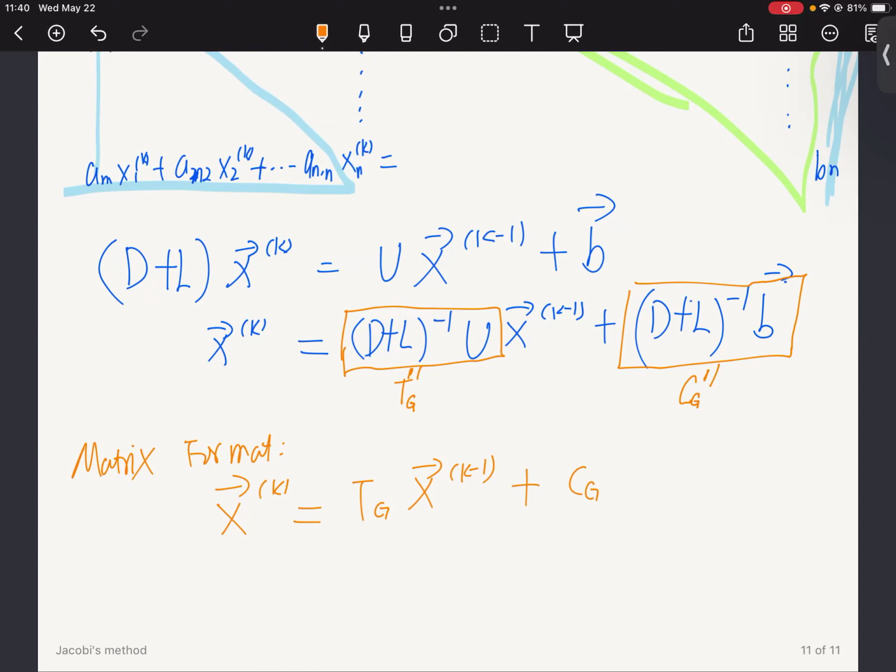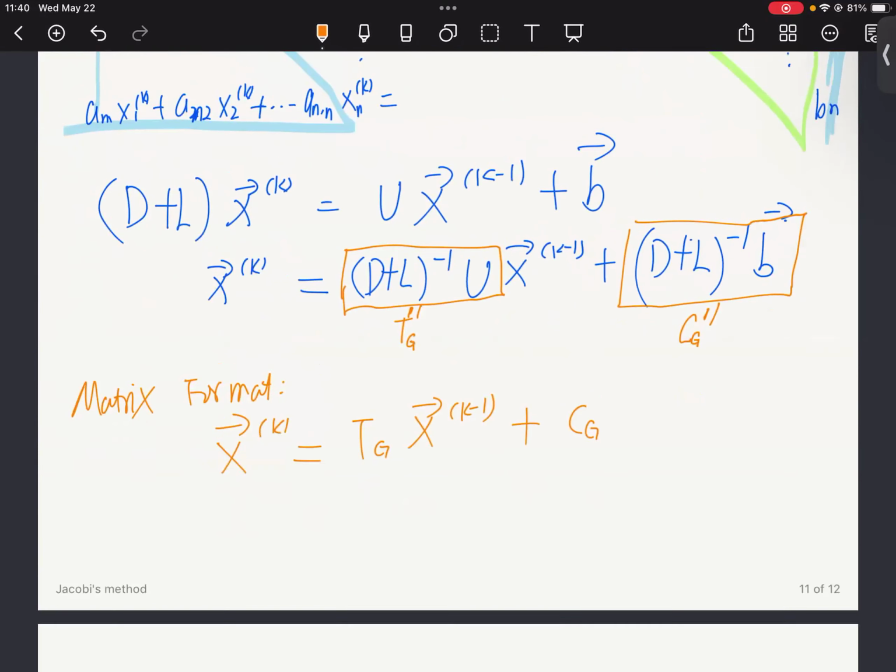Let me see. Should I give you one example of how to calculate this matrix? Let me see. Is it a good example here? This is the L plus U. I'm not going to give you an example to calculate this matrix here, and I'm going to move to the convergence result part.